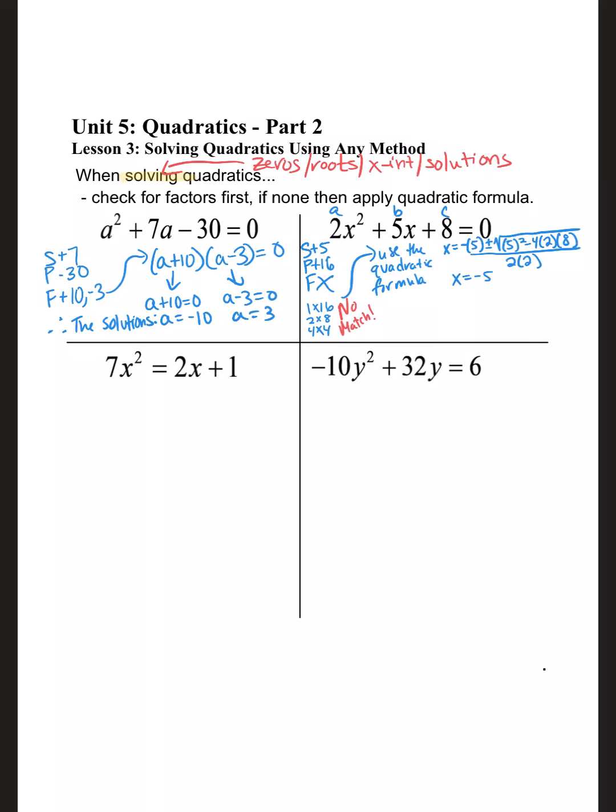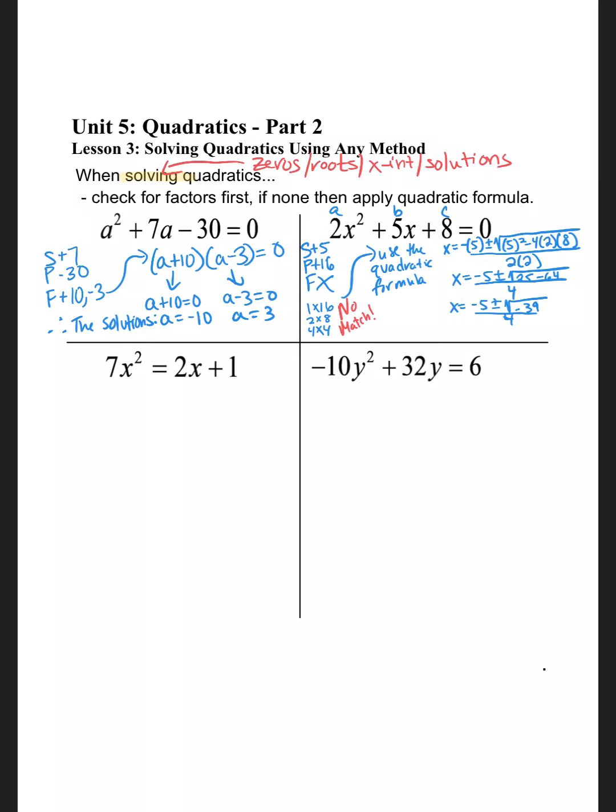Okay, so we'll have a negative 5 plus or minus. Under that square root sign, we're going to have 25 minus 64. Hopefully we can see what's going to happen, over 4. And then we'll have negative 5 plus or minus the square root of negative 39 over 4.